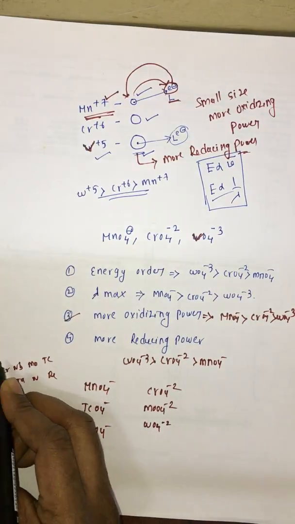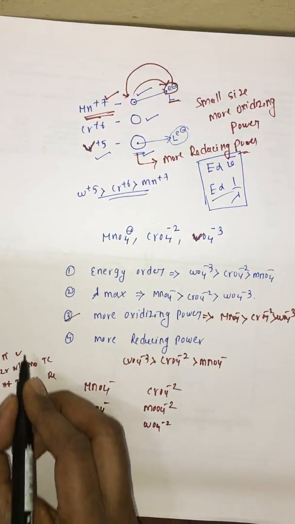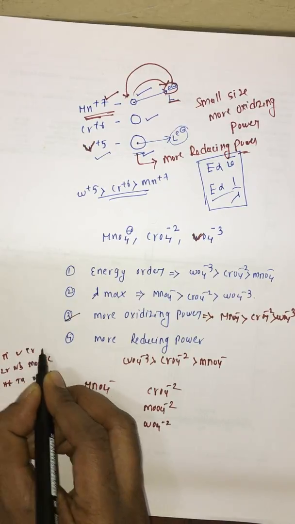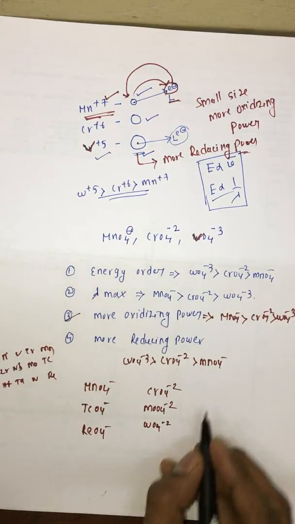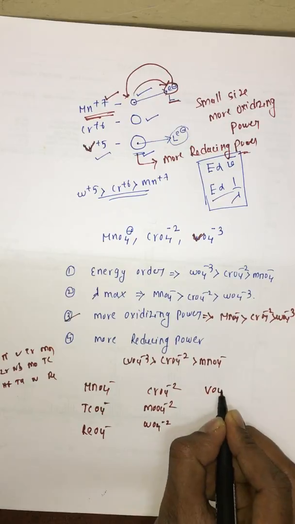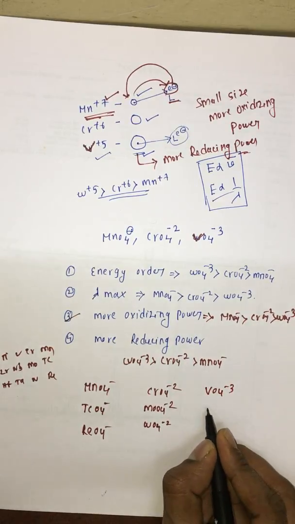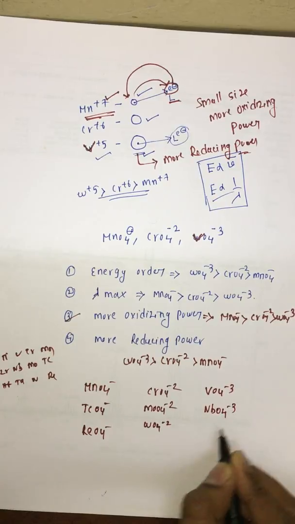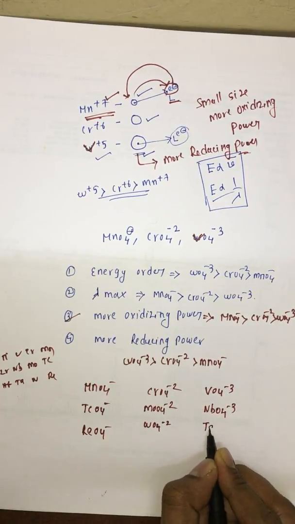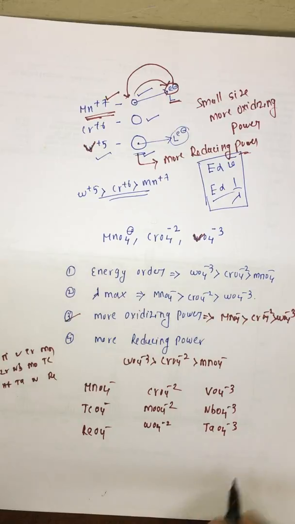Next to scandium, titanium, vanadium, chromium, manganese, we have here VO4 minus 3, NbO4 minus 3, and TaO4 minus 3.